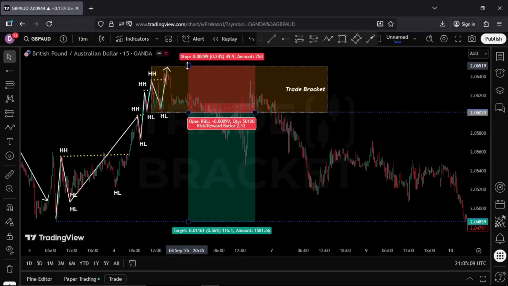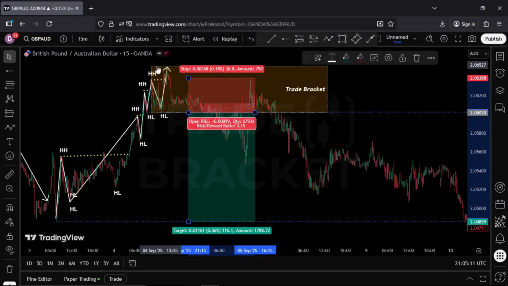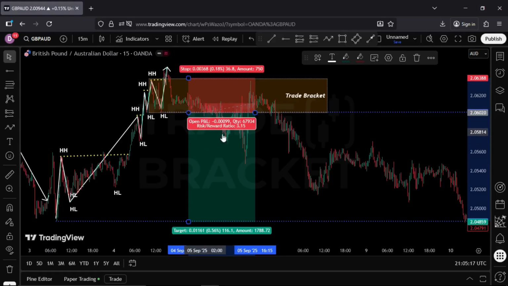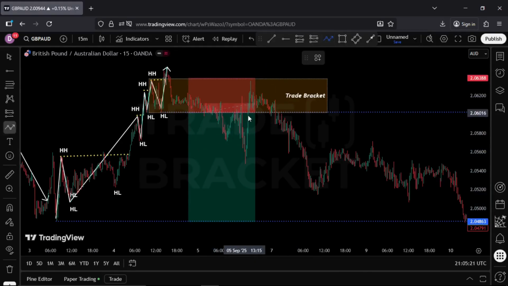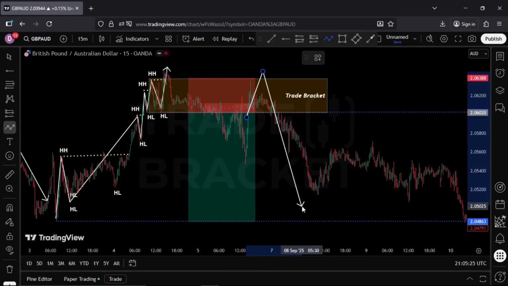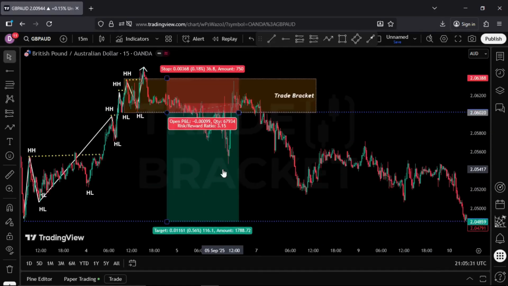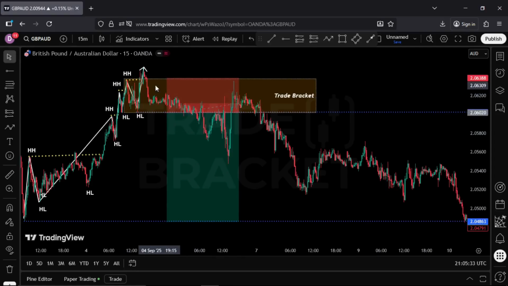But if you draw it to the point of the last higher high to be made, you will have a higher risk to reward like I just showed you, but the chances of price coming all the way from here, taking you out and continuing in your direction will also be high.